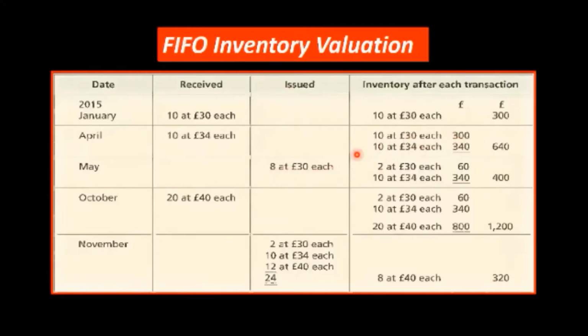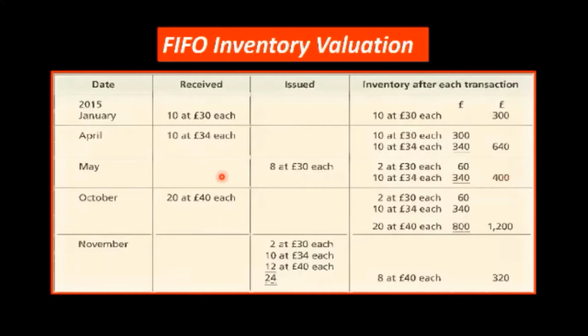This 8 will come out of the first 10 up here, because it's first in, first out, right? So we reduce this 10 to 2. Okay? So you have the 2 remaining here and this 10 from there, 10 at 34, 340. When we add these two, we get our balance now of 400.